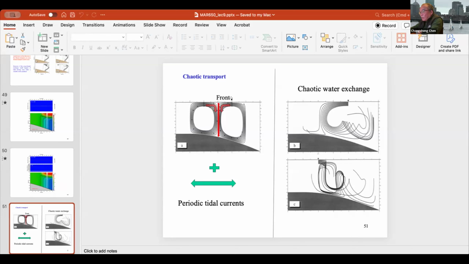If I put 10 particles here, all move in the same circle, very regular. If I add tides, a periodic forced motion, and put the same particle on this side, the particle moves randomly. They don't go in a circle anymore. They cross the front randomly. That's the analytical solution.